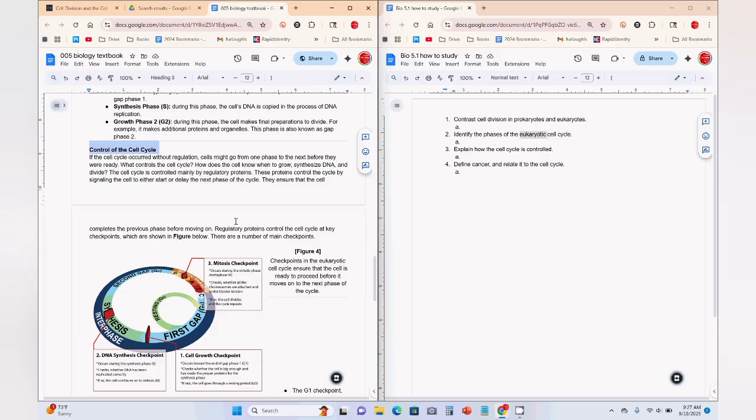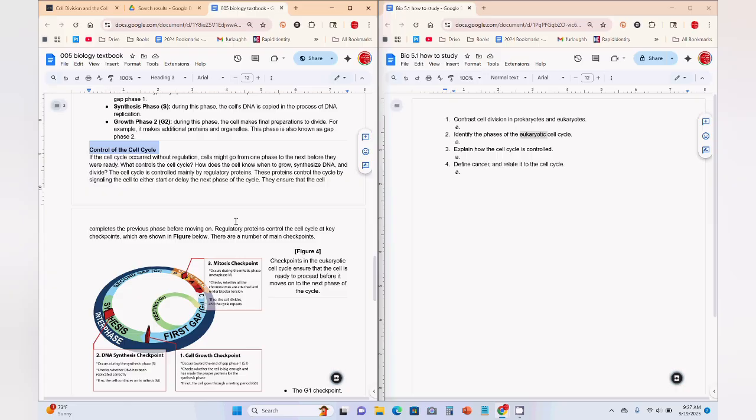If the cell cycle occurred without regulation, cells might go from one phase to the next before they were ready. What controls the cell cycle? Well, that's what we're all trying to figure out, isn't it? How does the cell cycle know when to grow, synthesize DNA, and divide? The cell cycle is controlled mainly by regulatory proteins. There's those proteins again.